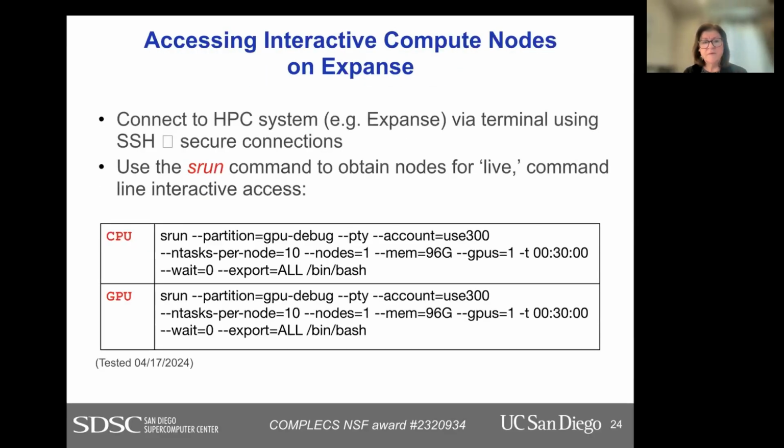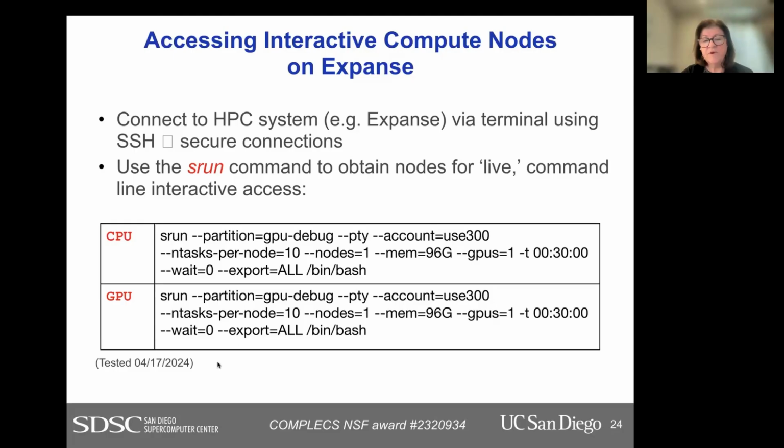So how do we do that? For the interactive compute nodes on Expanse, the way you do it is we run a command to activate that request. SRun submits the request to the Slurm scheduler, and we're asking for a GPU or a CPU connection.